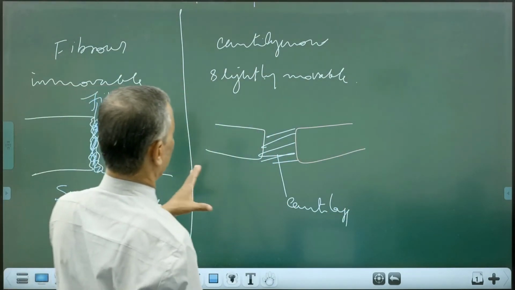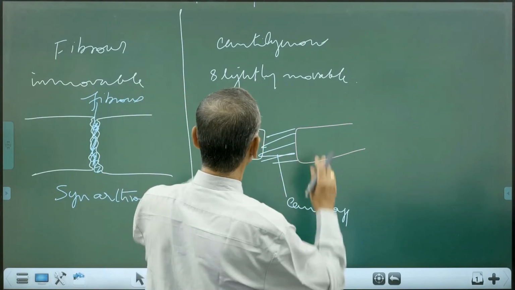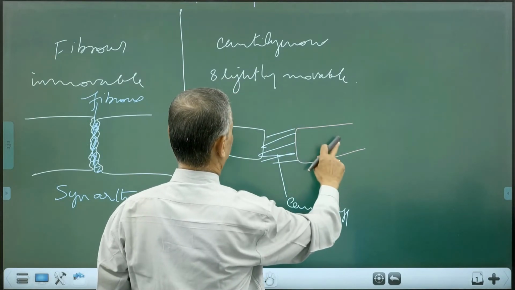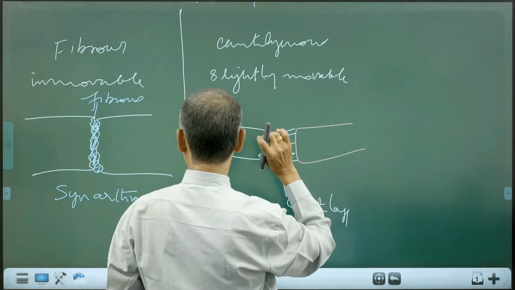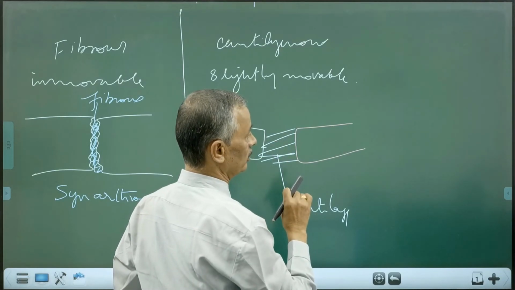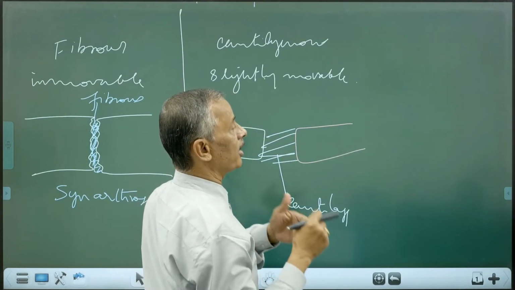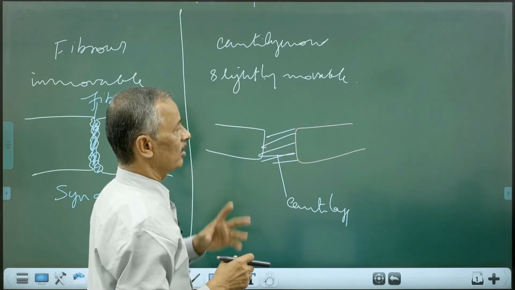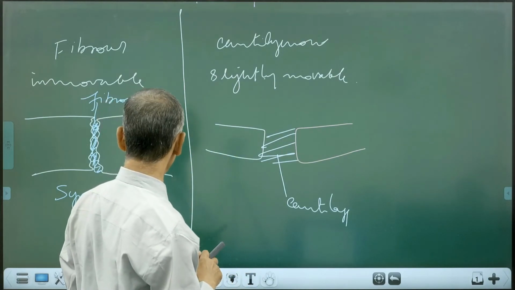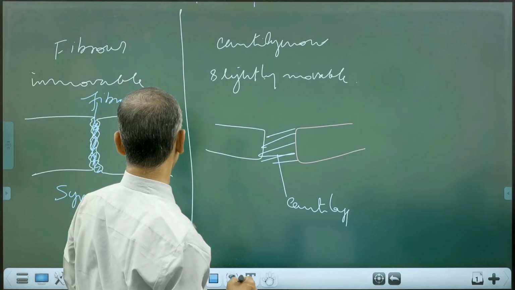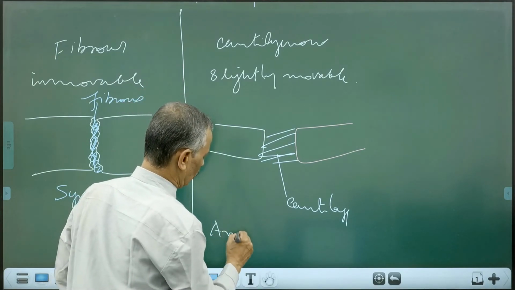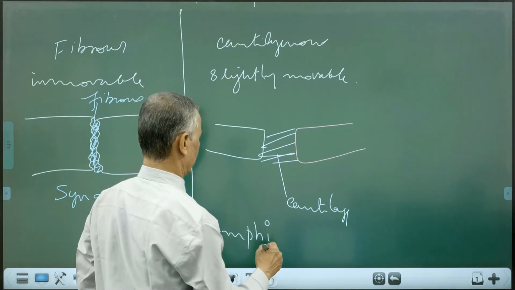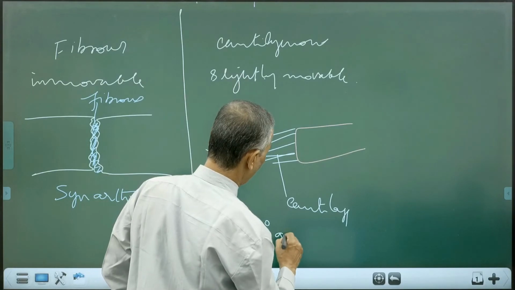That is why it is called a cartilaginous joint. Classical examples for this are the sternum and ribs. Intervertebral discs join two vertebrae, so the vertebral column is a classical example. These joints are called amphiarthrosis. Arthros means joints. The study of joints is called arthrology. So this is amphiarthrosis.